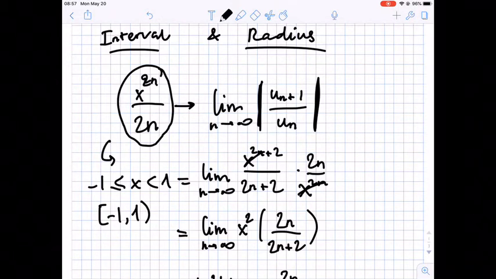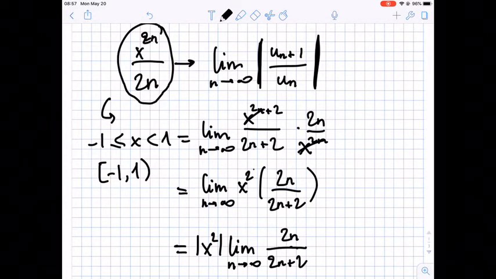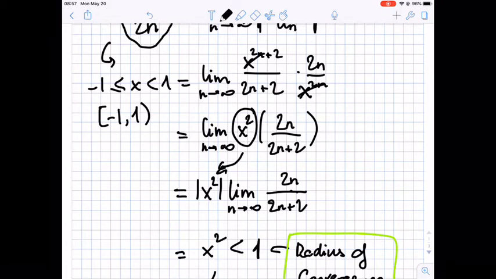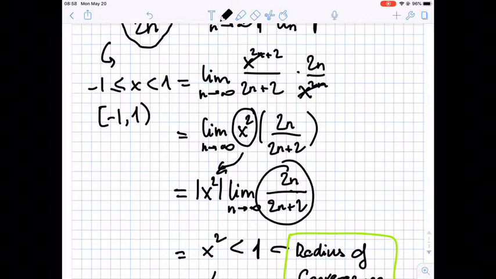Just bear in mind that whenever you have a problem where you have to find the interval or the radius of convergence, remember to isolate the x and make it outside of the limit so that you don't have to worry about it. With the x out of the way, the limit would just be your normal algebra function.